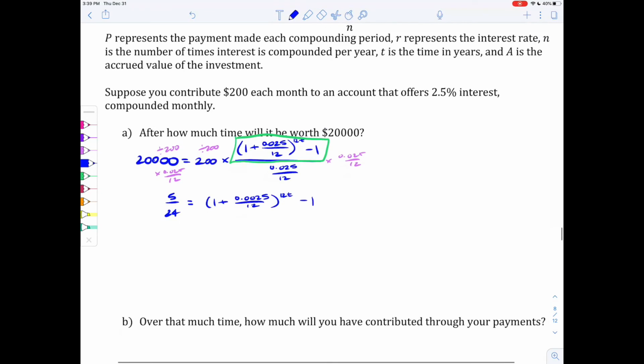Okay, I'm going to add 1 to both sides, which is 24 over 24. So 29 over 24 on the left side, and on the right side we've got 1 plus 0.025 over 12, to the 12t. I have too many zeros in my above one. Sorry about that, everyone.